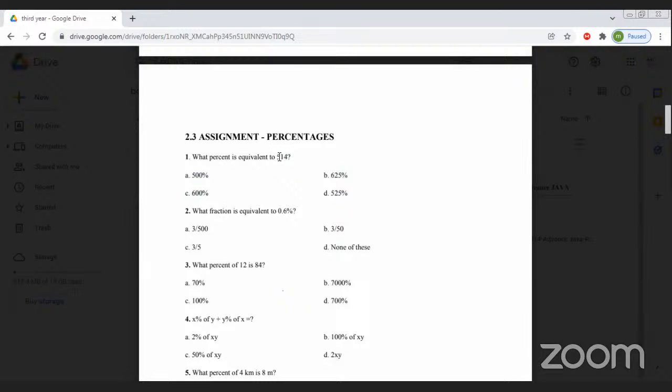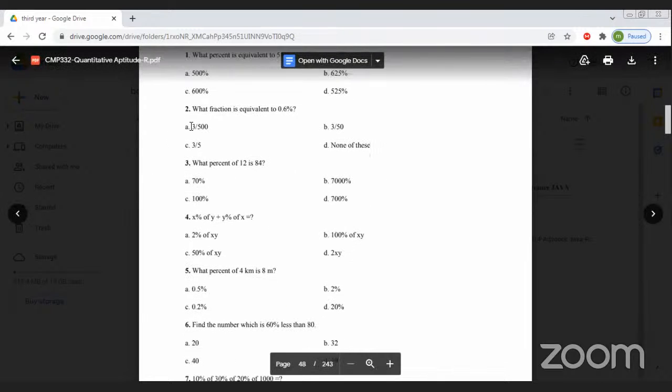If you have to solve it, what you do is multiply by 100 and divide it by 100. What fraction is equivalent to 0.6%? So you need to convert percent to fraction.